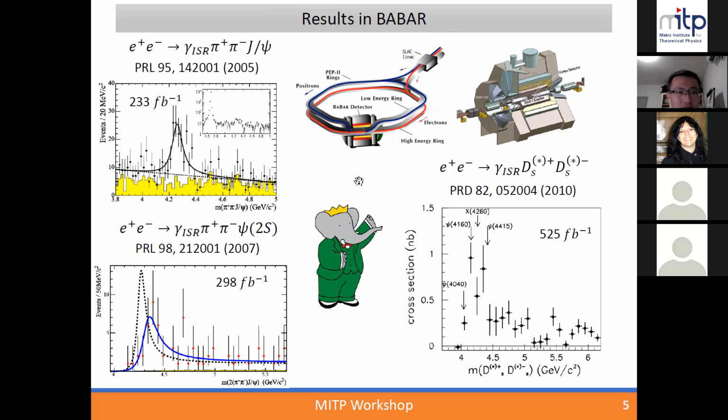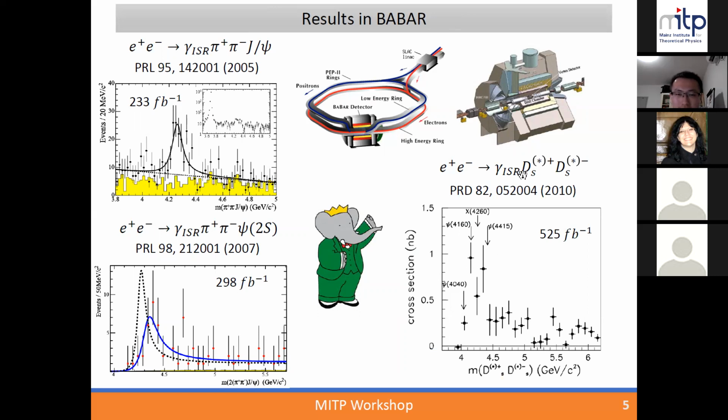So the first observed Y state via the ISR process is the Y(4260), which was reported by BaBar in 2005, with data of integrated luminosity of 233 inverse femtobarn. Then BaBar in 2007 reported another Y state near the energy of 4.3 GeV in the pi pi psi(2S) final state, which is the Y(4360).